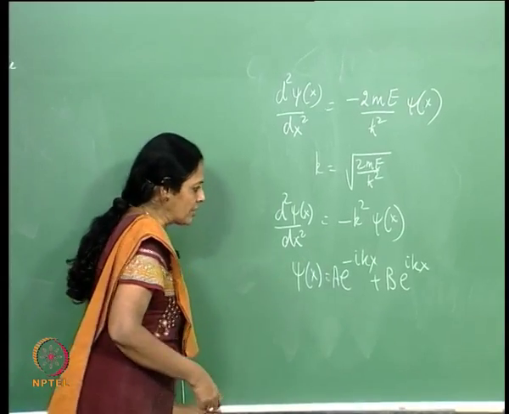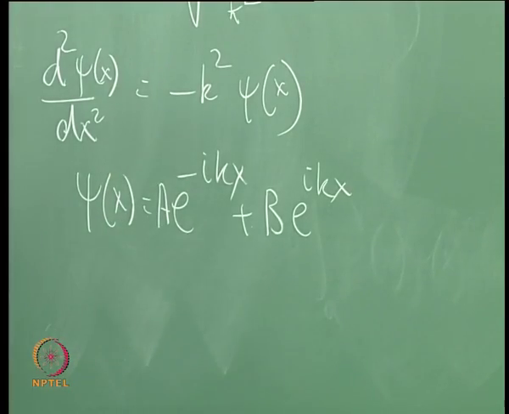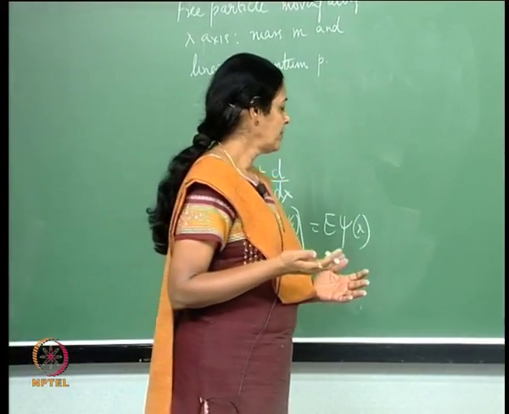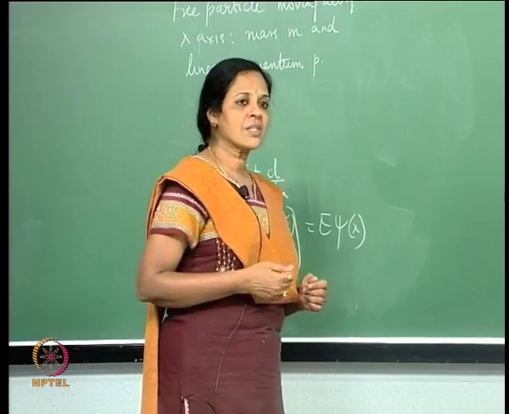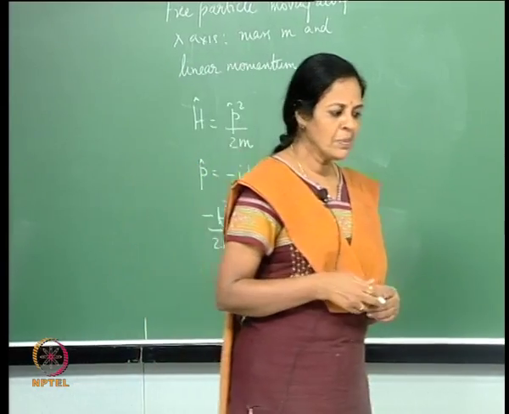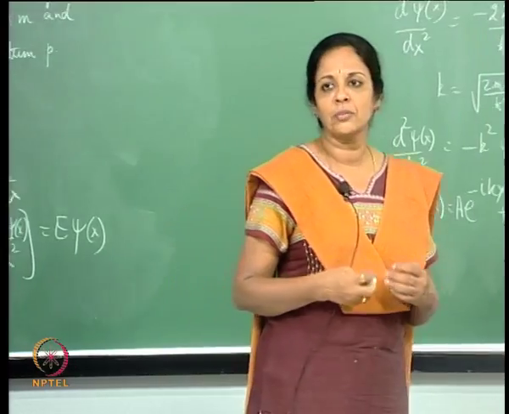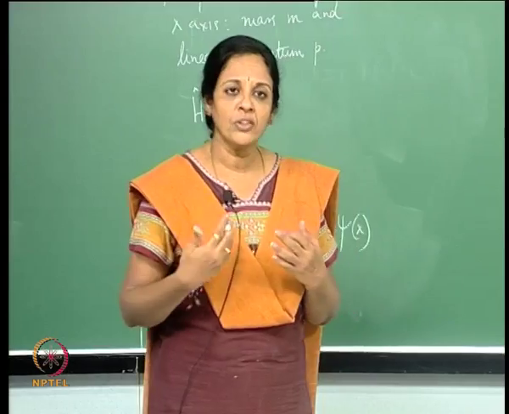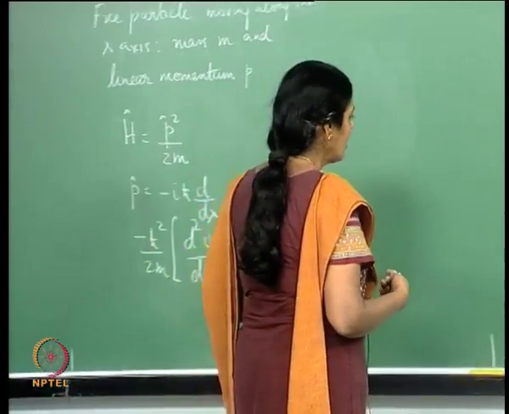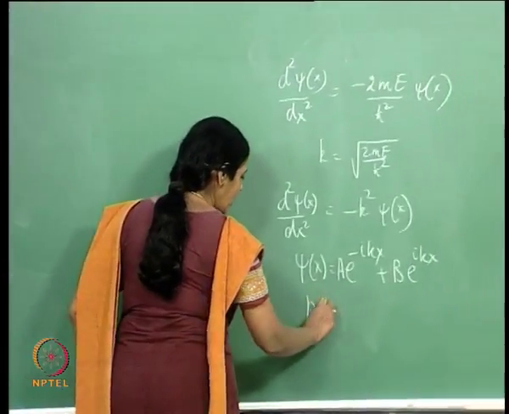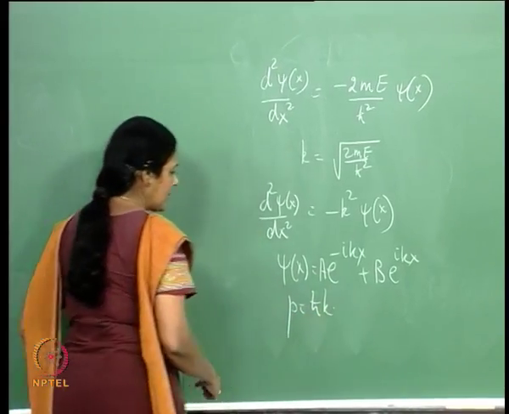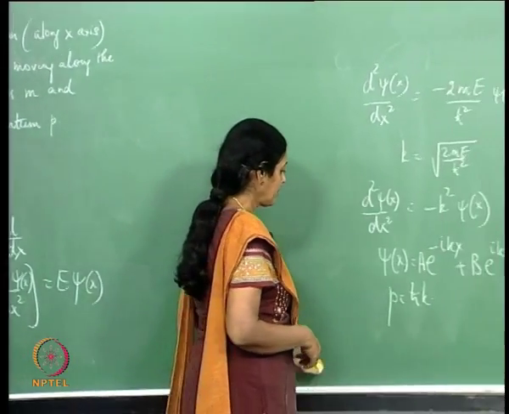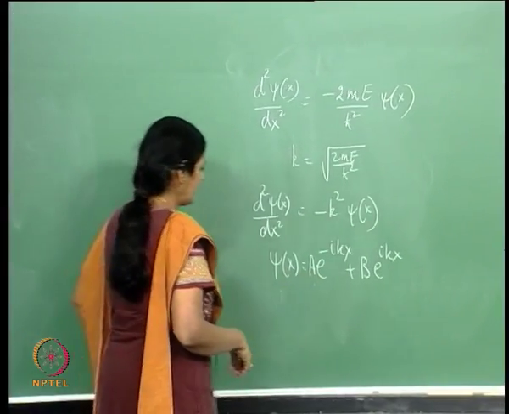One thing is pretty obvious, that the solution is essentially a harmonic wave. This is simply a fallout of the de Broglie hypothesis, that matter has harmonic waves associated with it. The momentum p would be h-bar k, and in general E would be h-bar omega, where omega is the angular frequency.